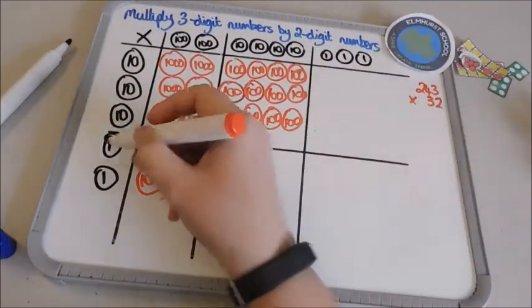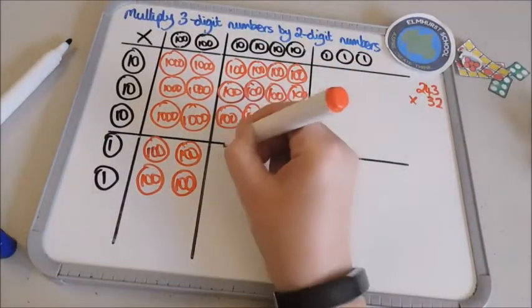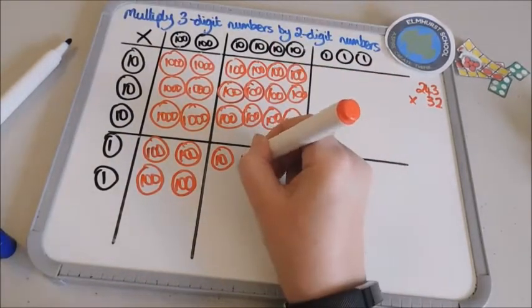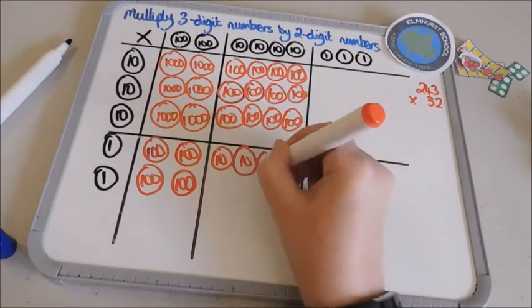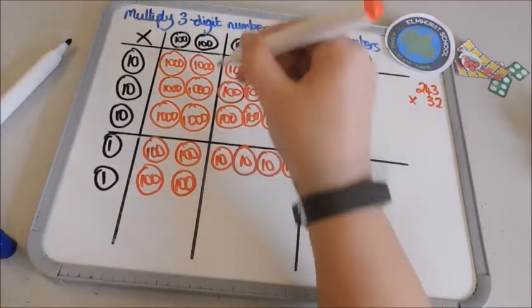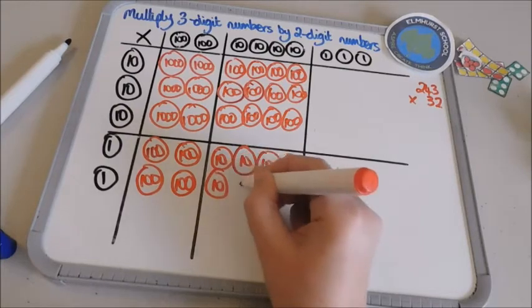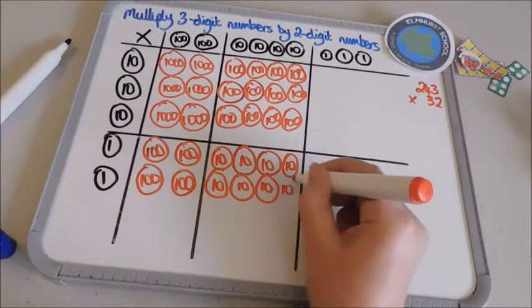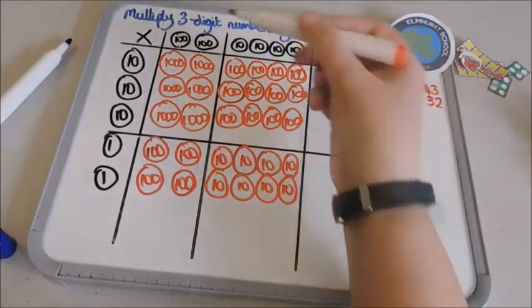Then 1 times 10 is 10. All of those are going to be 10. And now we're on this part.